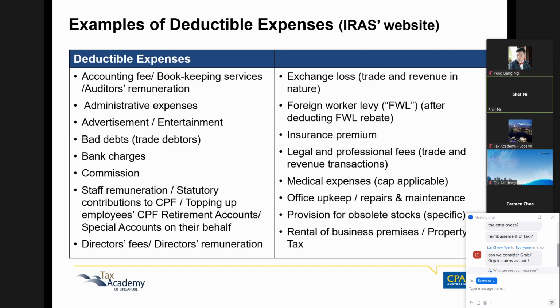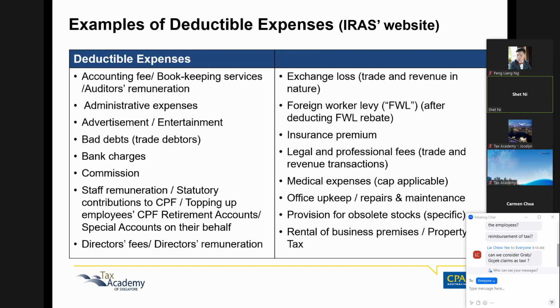Bad debts. We have also gone through them last week. It must be for trade debts, and there are conditions, like it has to be declared as income earlier. Bank charges, commission, then our standard types of staff costs like staff remuneration, statutory contributions to CPF, topping up of employees' CPF retirement account, special account.